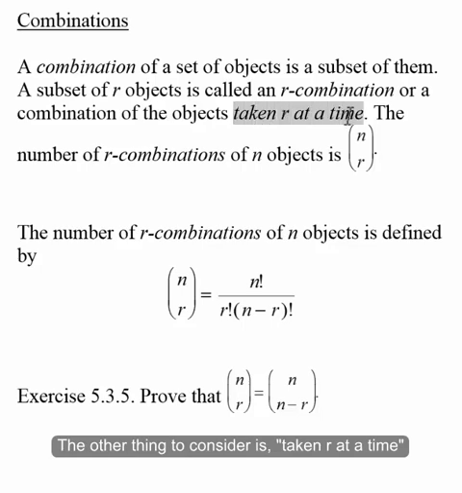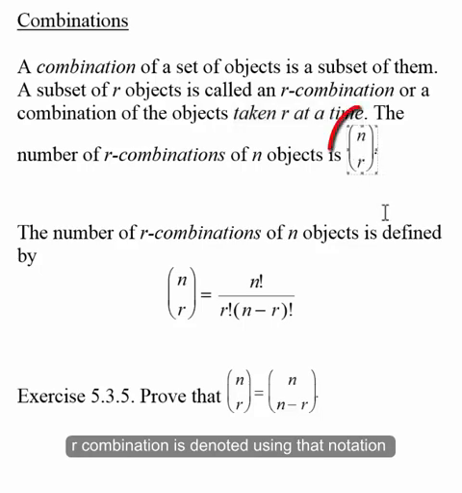The other thing to consider is taking R at a time. So that means that you form a combination by taking R elements at the same time. The number of R combinations is denoted using that notation.